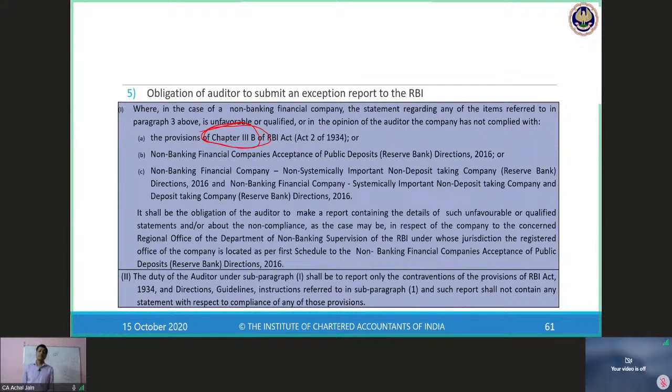That means either it's the qualified or unfavorable opinion on any of these statements, or non-compliance of any of these provisions. Which provision? This one, this one, this one. And please understand, these are or, these are not and.